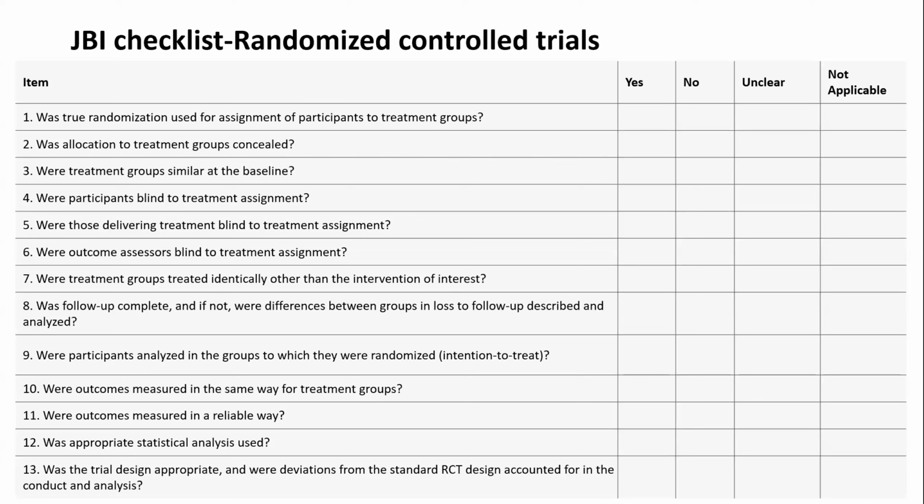They can have a cutoff, for example, 10 to 13: if the score is between 10 and 13, the study is of good quality. If the score is between 9 and 6, the study will be moderate quality, and less than 5 you fix as low quality. It purely depends on the reviewers, but this has to be mentioned in your systematic review when you publish. Based on these scores, we assessed these studies.